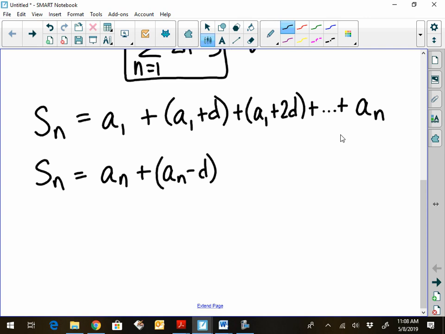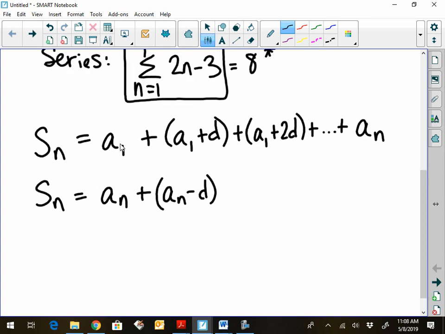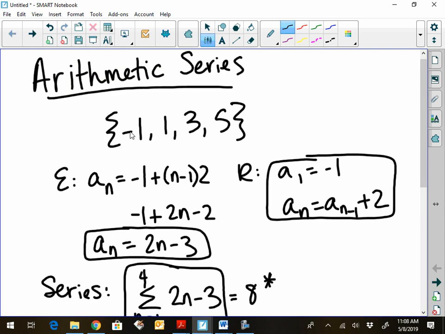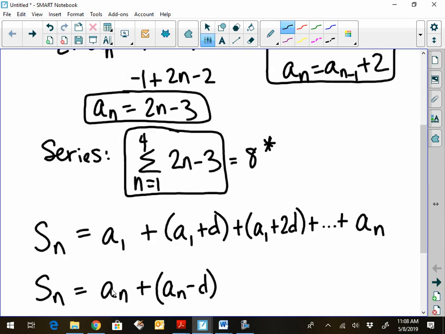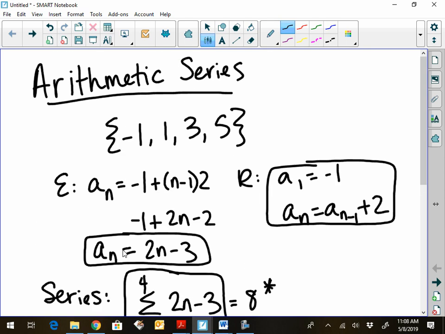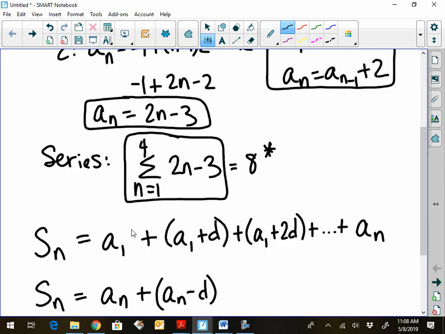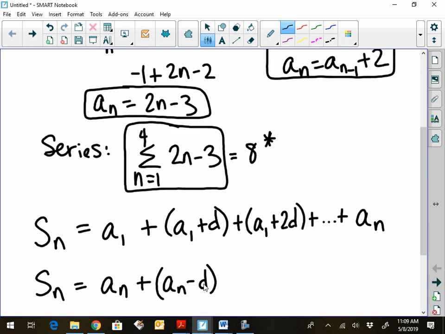So notice how this top one, we started with, for instance, our -1, right? And then -1 plus 2 gives us 1. Plus our difference, again, 2 differences from -1, we get 3. Now, this next one, we start with 5 in this example above, and we're going to take away our difference. So 5 minus 2, we'd get our 3 back.